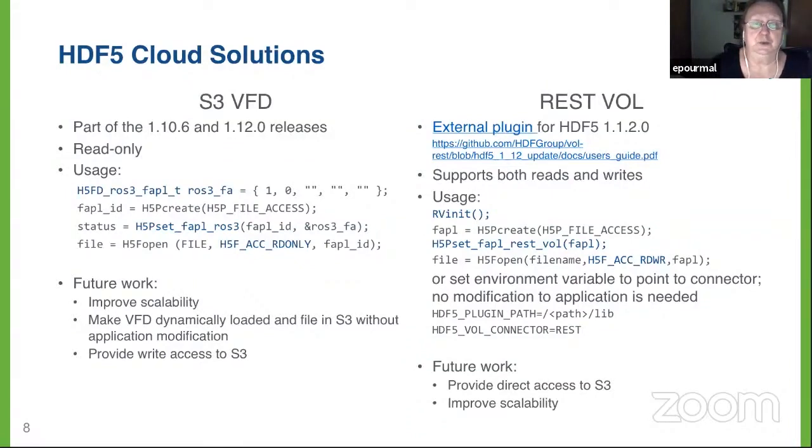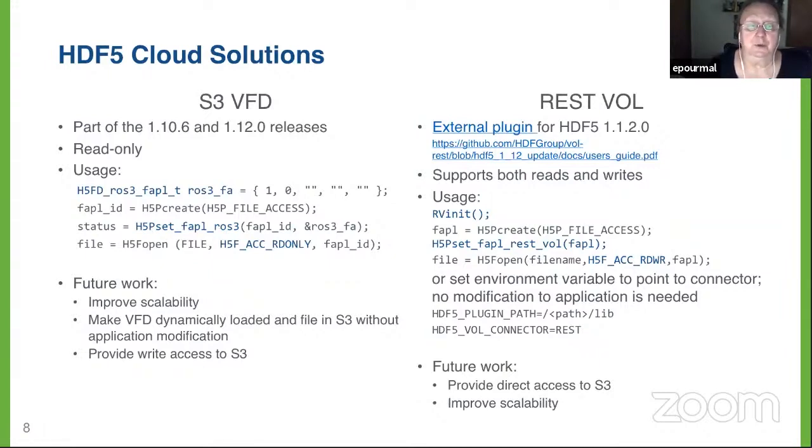There is just a new data structure where you specify credentials to access the cloud, maybe a password, so it's stored in this new structure, the read-only S3 FAPL. And then according to the HDF5 programming model, you just tell the library that you want to use the driver using this new API to open the file, and then no changes are required.